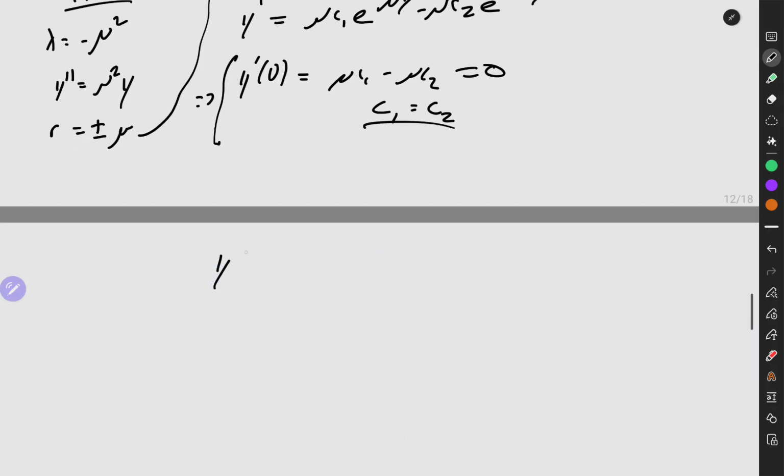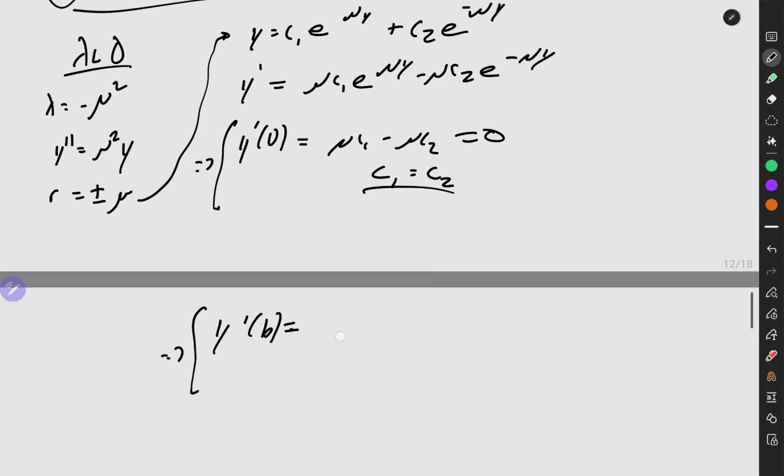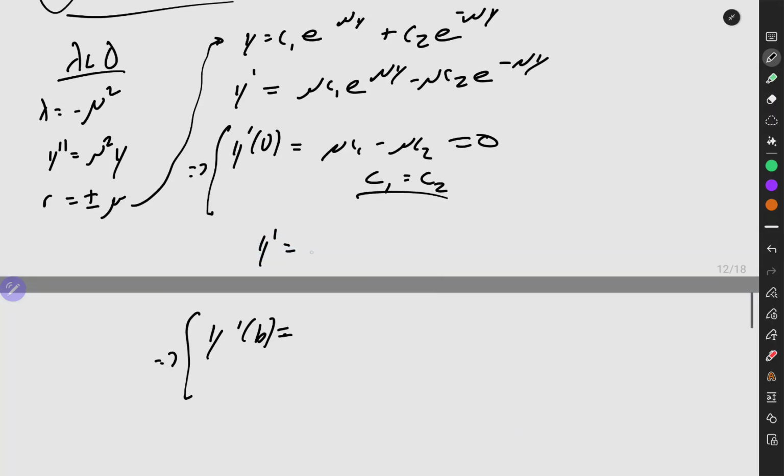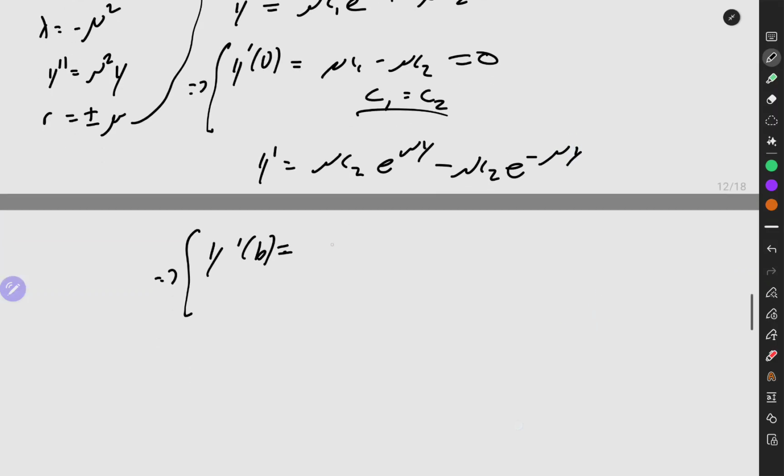Let's go to the next one. y prime of b equals 0. I'm just going to rewrite this so I can use it. So y prime of b would be mu C1 e to the mu b.